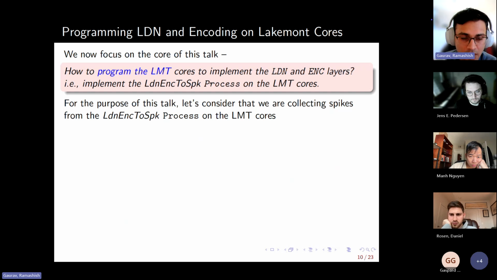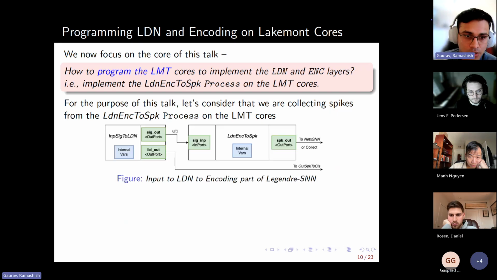So I'm just taking the example of implementing an LDN and the encoding process on the LMT cores and simply collecting the spikes, because eventually this is a part of Legendre-SNN nonetheless. Here you're collecting the spikes, and in Legendre-SNN you simply forward those spikes to the next connected processes.